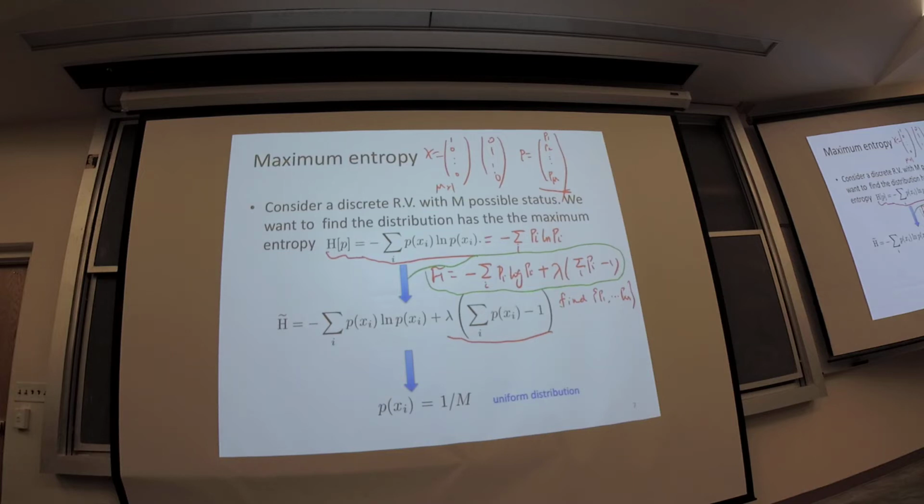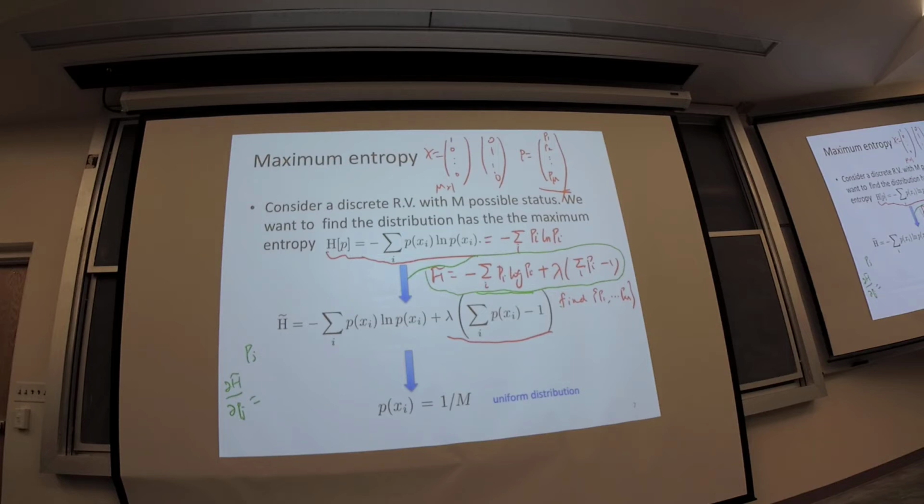To maximize this objective, we take the derivative with respect to each of P1, P2 to Pm. Let us take an arbitrary Pj, the jth element in the parameter vector. We need to calculate the partial derivative of the augmented entropy with the Lagrange multiplier with respect to Pj.